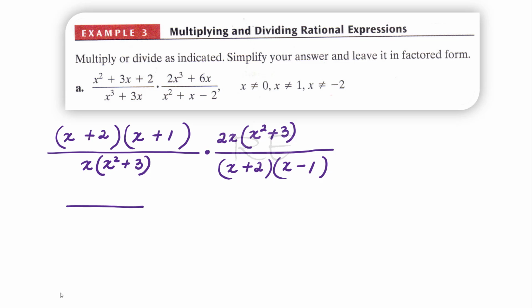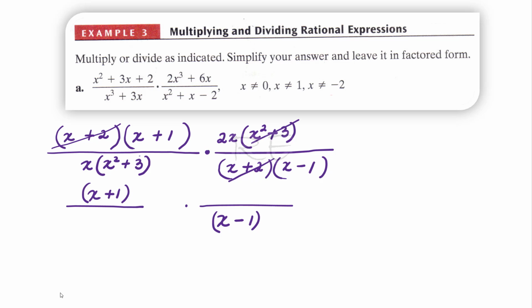Now we're going to cross cancel. X plus 2 over x plus 2 is 1. We're left with x plus 1 over x minus 1.